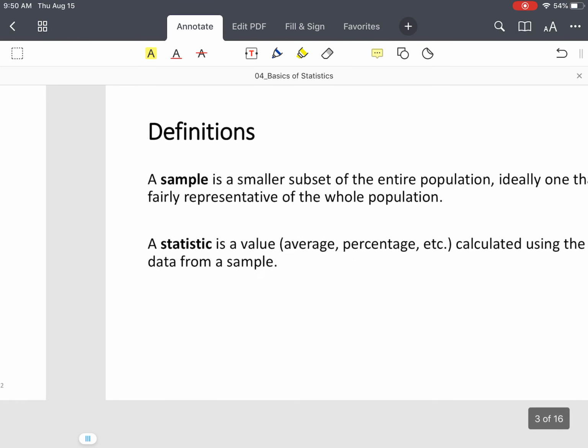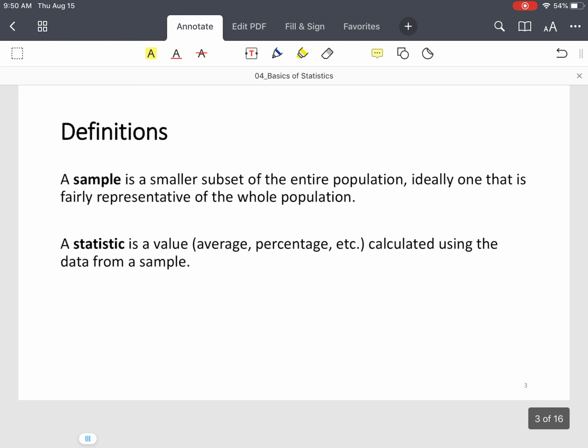We'll take what's called a sample, which is a subset, which simply means it's a smaller group of the population. Now you want it to be representative, so what they call the gold standard, and I'll get to that in a minute, in terms of sampling techniques, it's called a simple random sample.